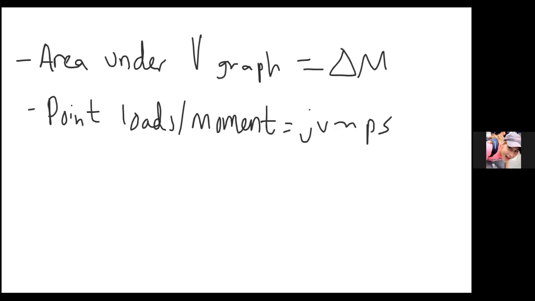But if we don't have a point load or point moment, our graph needs to be relatively smooth. We need to have more of a gradual change. We can't say, hey, we go from here to here without having, say, a point load in between, right? That's just something that can help us make sure that we're actually drawing our diagrams right.